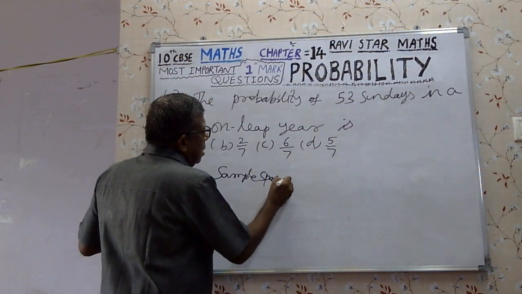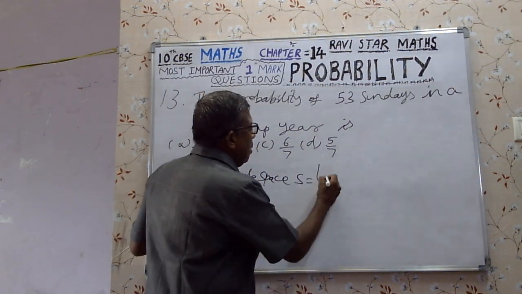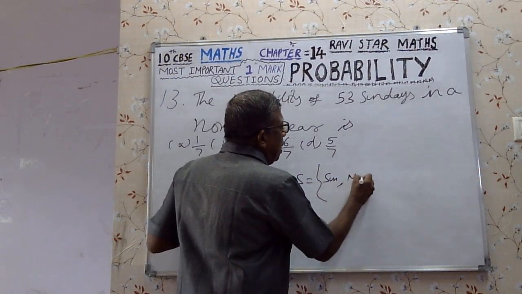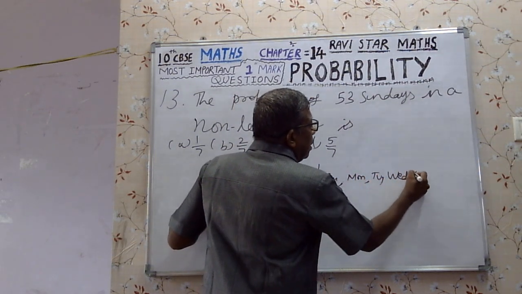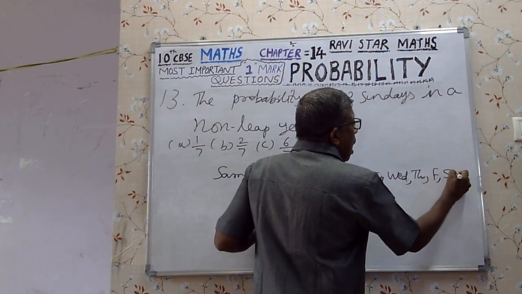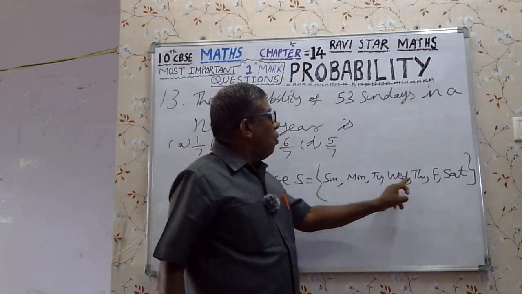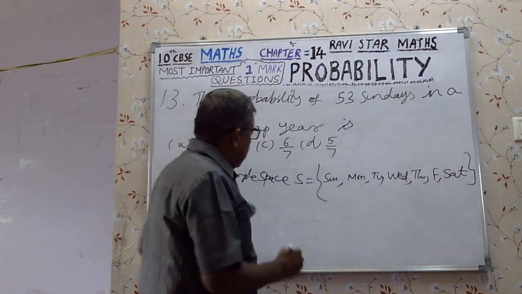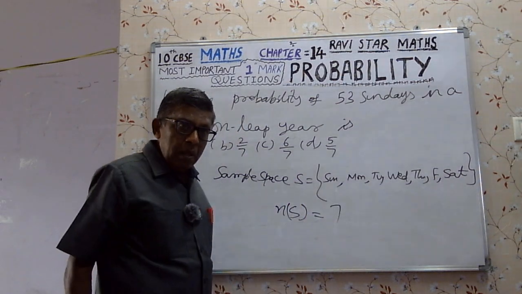The possibilities for that 1 day: Sunday, Monday, Tuesday, Wednesday, Thursday, Friday, or Saturday. 1, 2, 3, 4, 5, 6, 7. N of S is equal to 7.